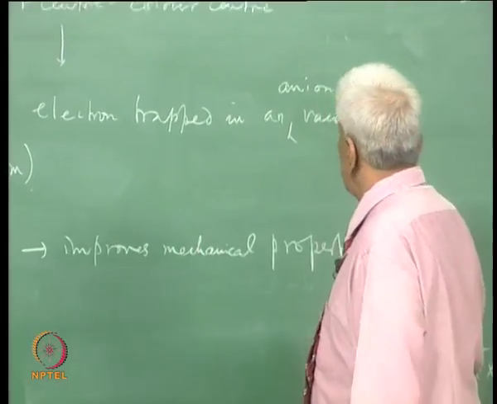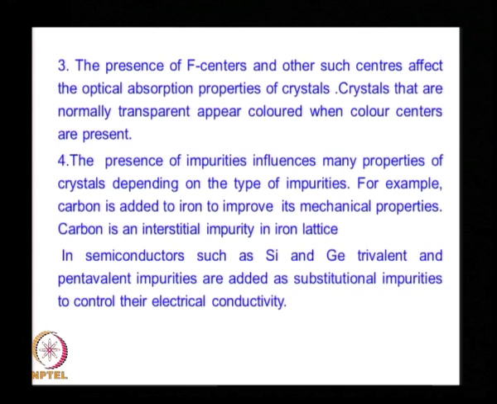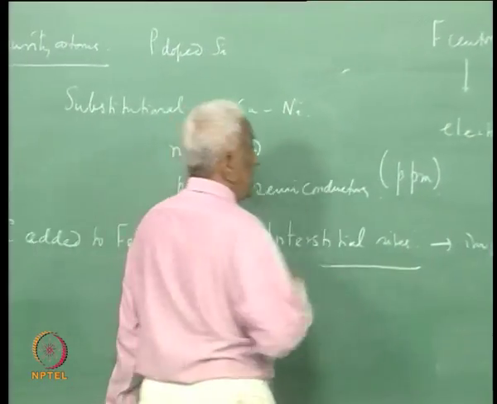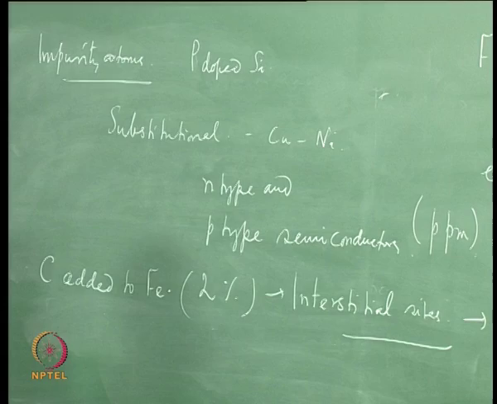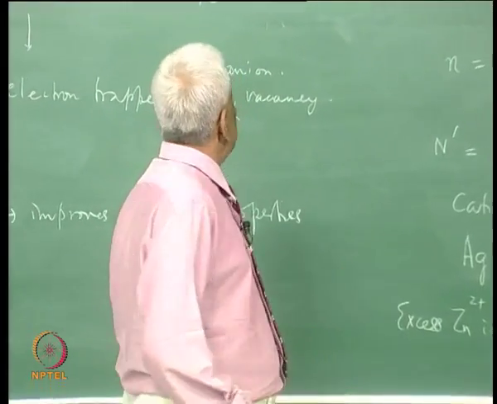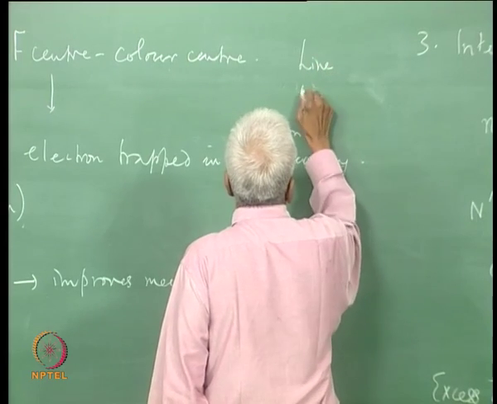In semiconductors, we have already seen that N or P type doping changes their conduction property substantially. So, these are the various effects of point defects on crystal lattices. In the next lecture, we will consider line and planar defects.